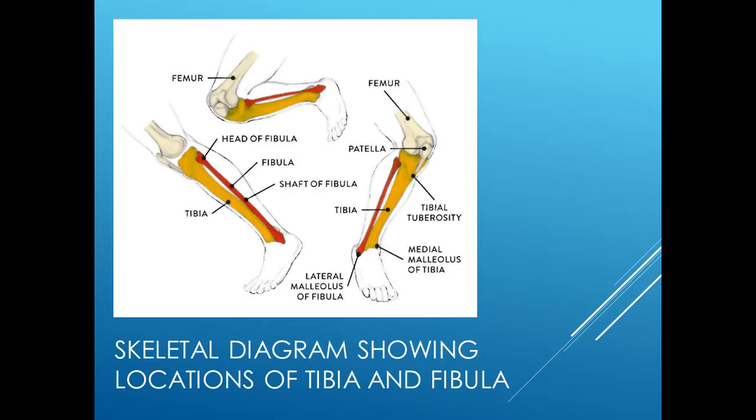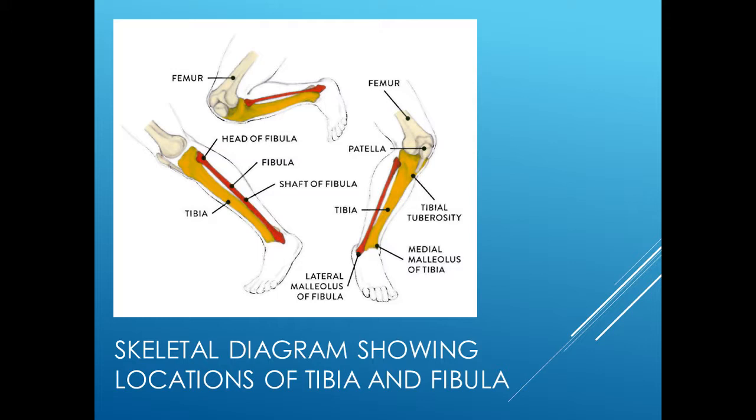All right, here's some drawings we see of the femur in a closed position. The femur's here, and here we see the tibia and the fibula. Here again we see kind of a lateral view of the leg, the head of the fibula, and then the tibia, and over here it just shows the locations as you're looking from different angles.